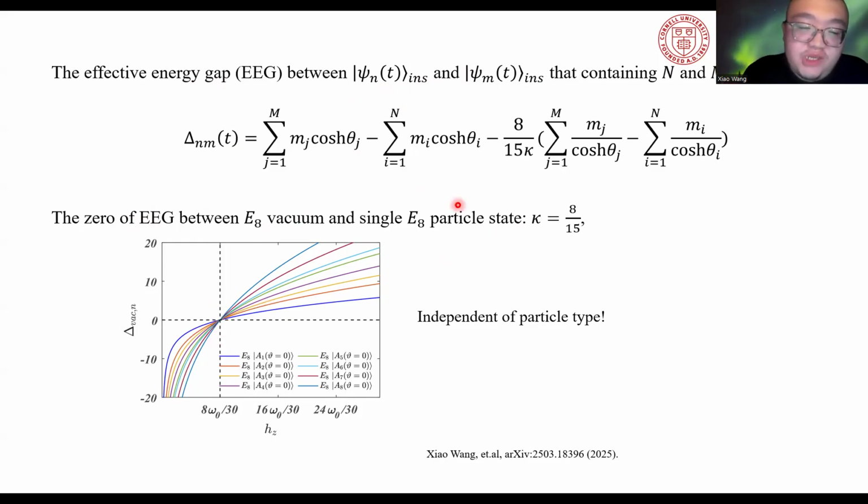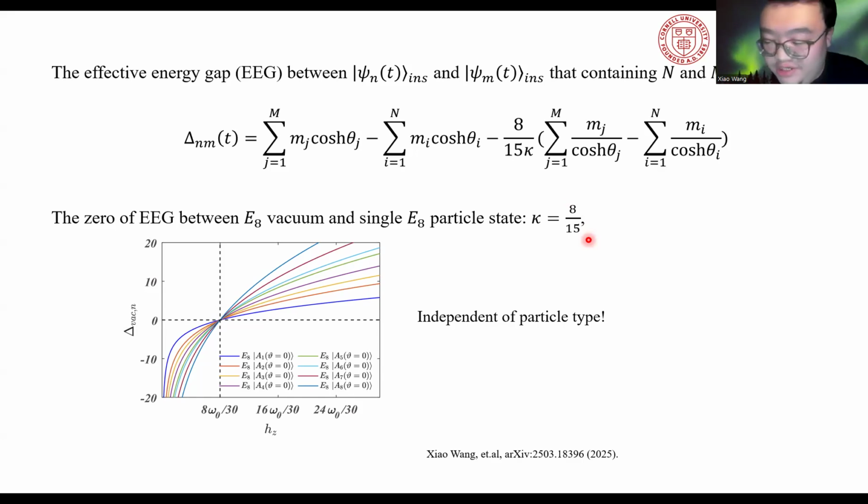And this same zero point, you can solve, is given by the ratio between omega 0 and h. You will find that this ratio kappa is exactly equal to 8/15, which you can say is the magic number of the quantum Ising integral model.